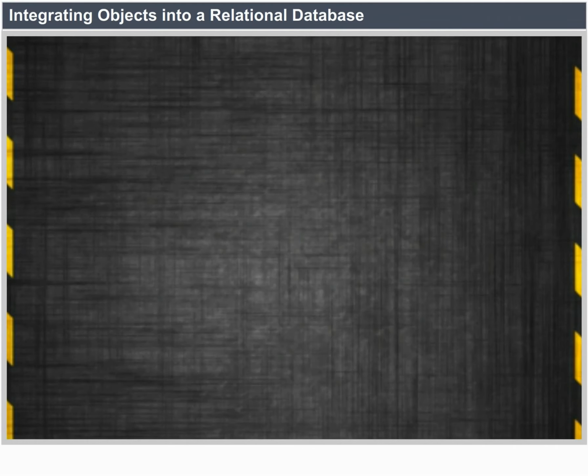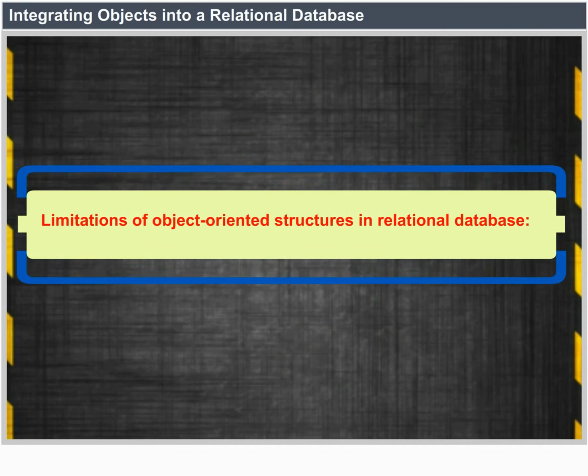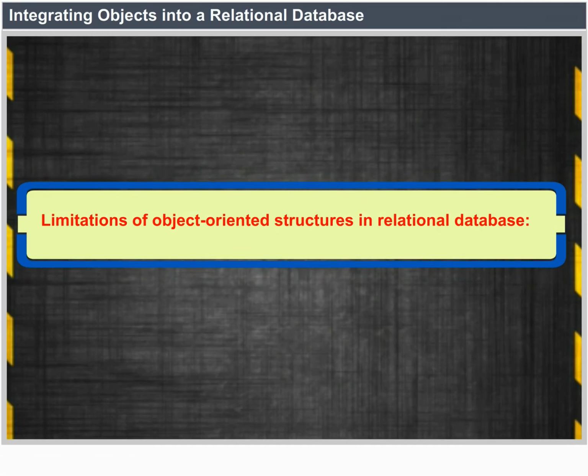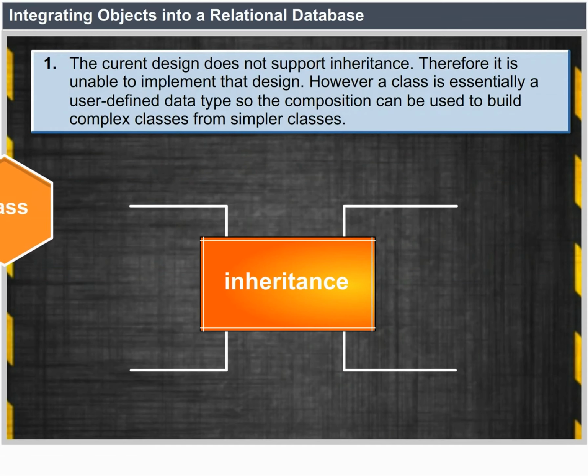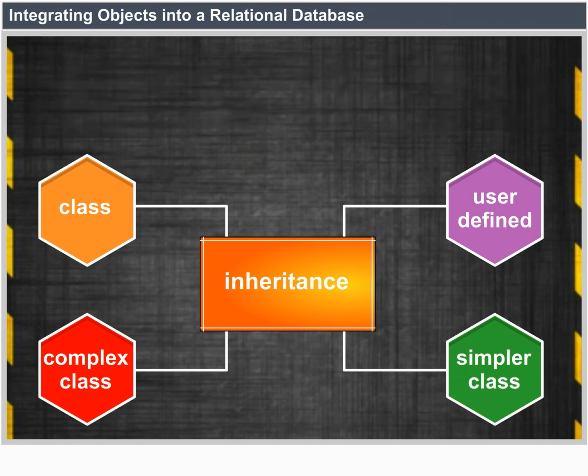Integrating objects into a relational database. Limitations of object-oriented structures in a relational database. Current implementations do not support inheritance, therefore it is unable to relate classes in that way. However, because a class is essentially a user-defined data type, you can use composition to build complex classes from simpler classes.